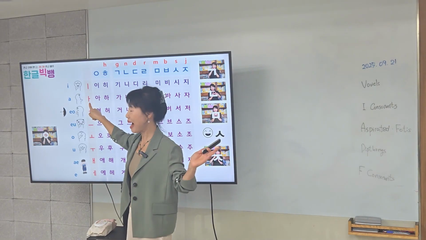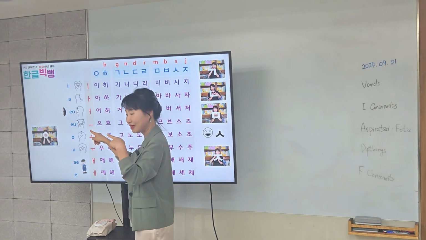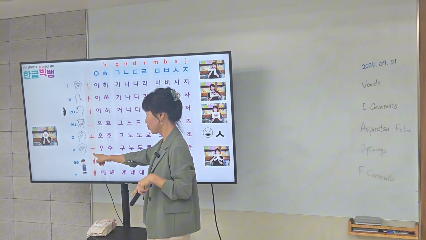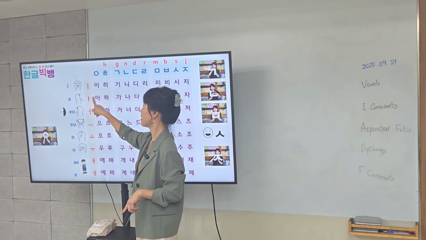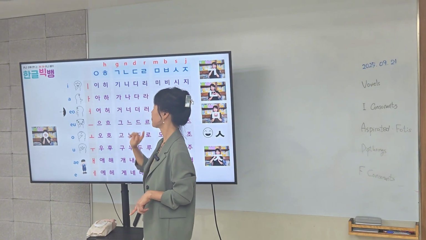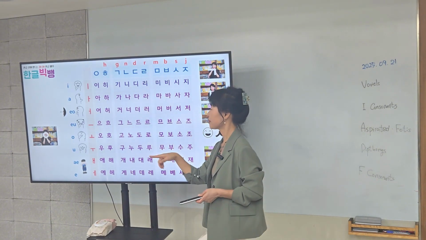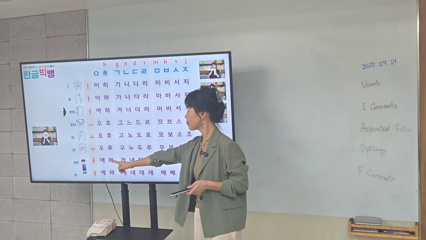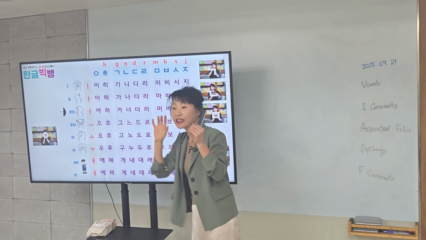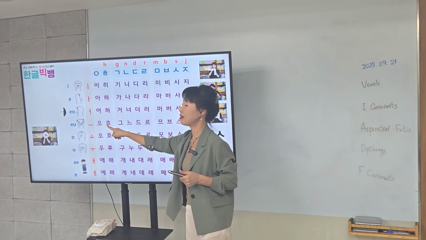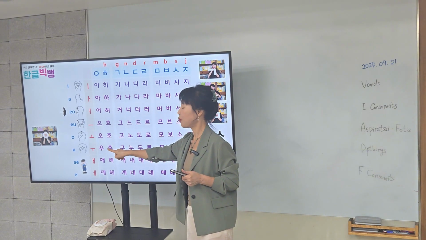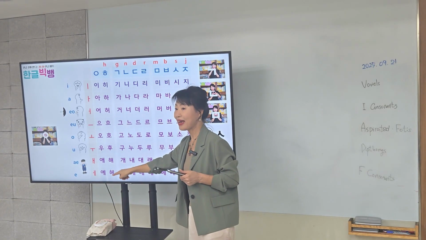이, 아, 어, 으, 오, 우, 에. Okay, so with the empty consonant. 이, 아, 어, 으, 오, 우, 에. Okay, with just more air. 히, 하, 허, 흐, 호, 후, 해.